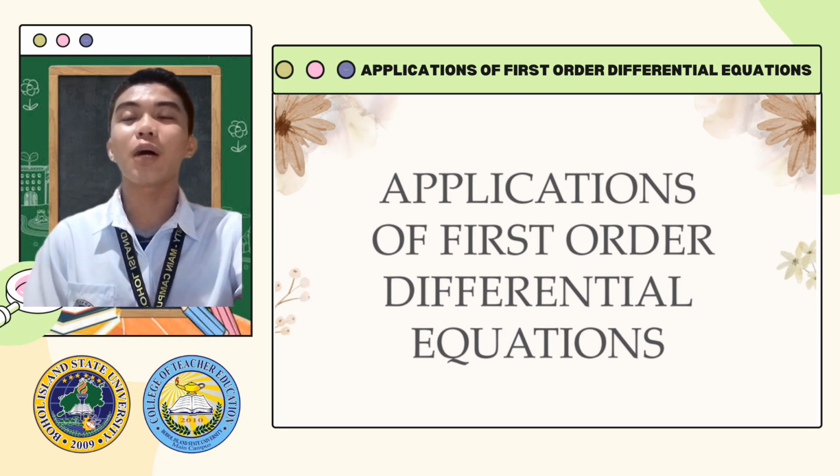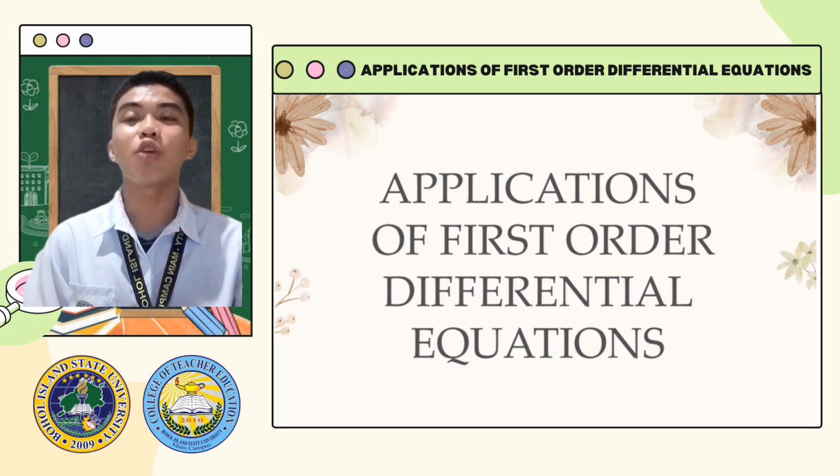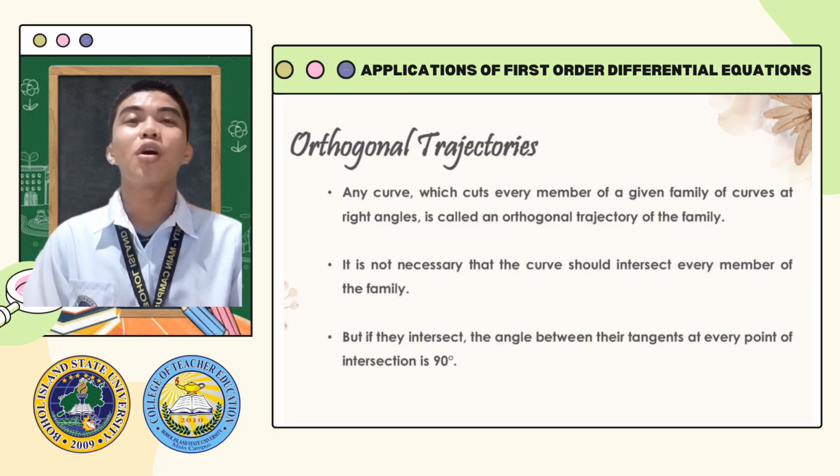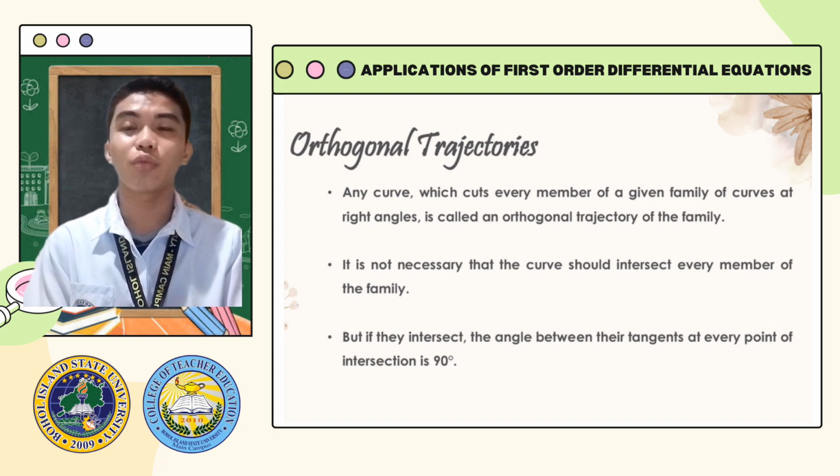The first application of the first order differential equation is the orthogonal trajectories. Any curve which cuts every member of a given family of curves at right angles is called an orthogonal trajectory of the family. It is not necessary that the curve should intersect every member of the family.